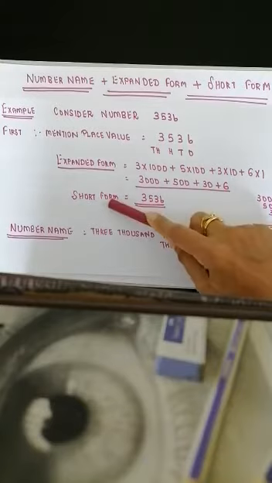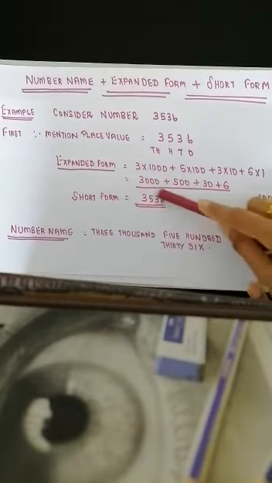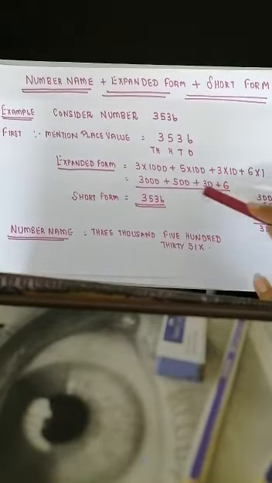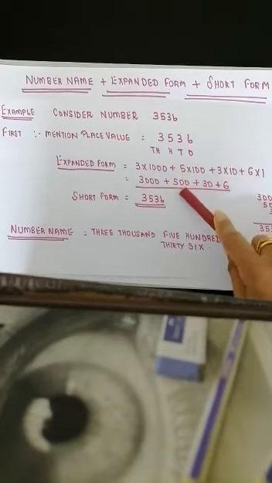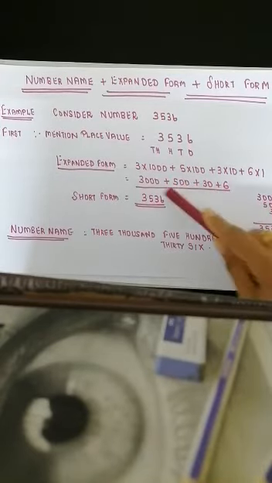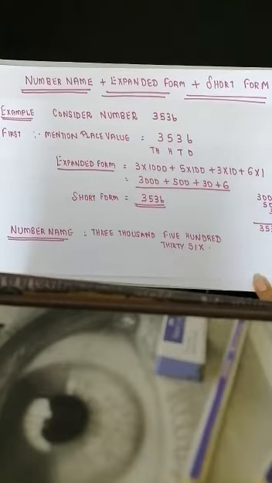So what is the short form? Short form is the total of the same. 3,000 plus 500 plus 30 plus 6, the number itself, 3,536. What is the number name?